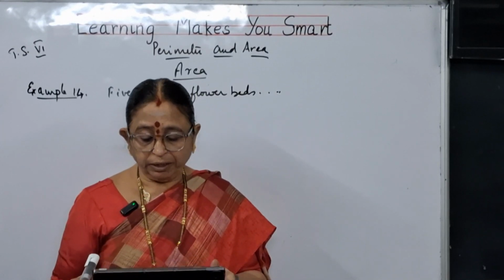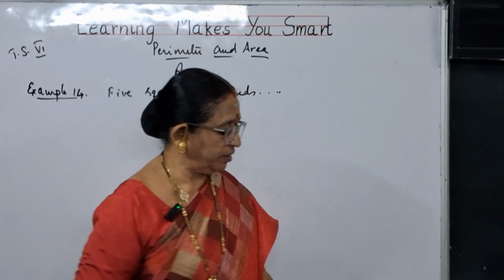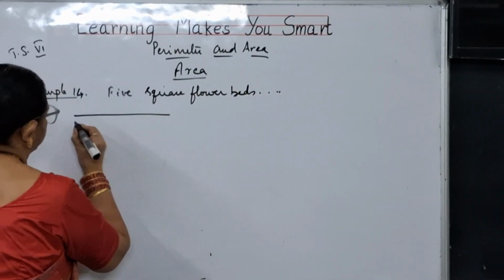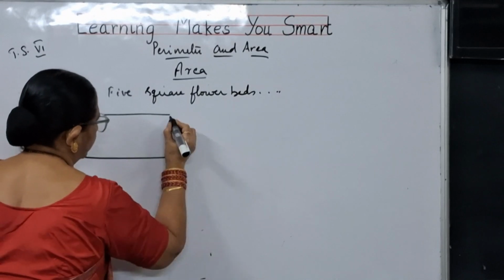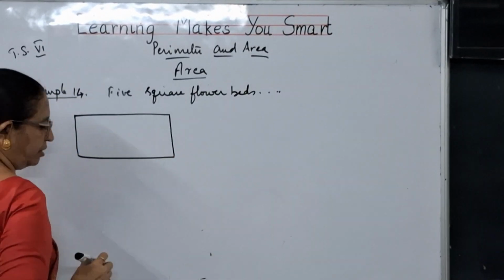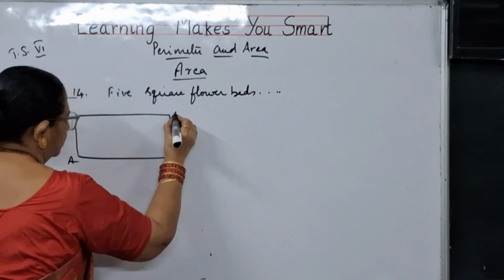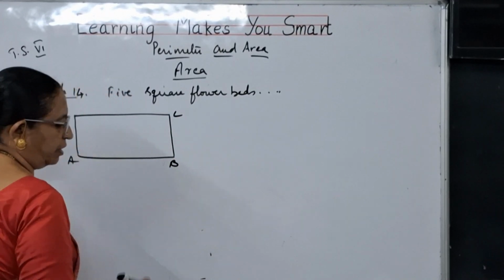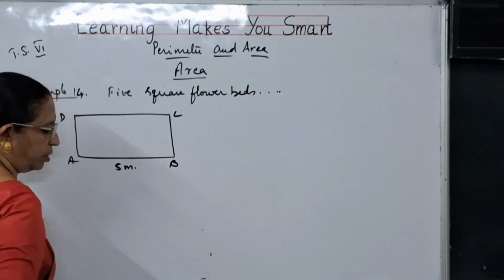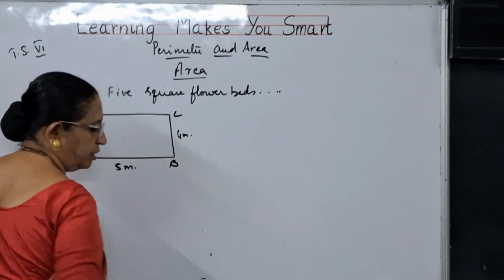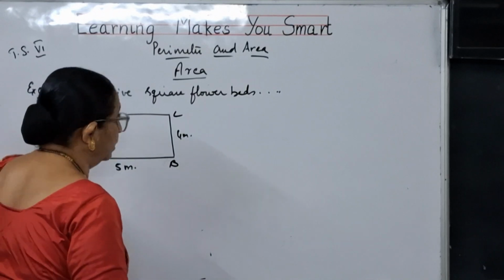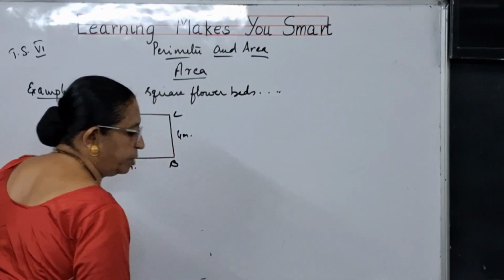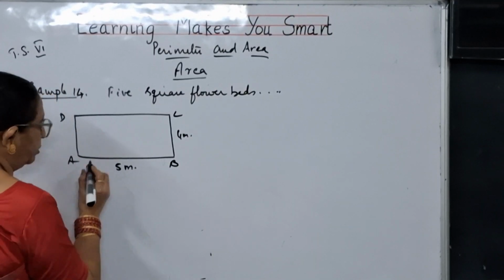Find the area of the remaining part of the land. What is this, children? There is a land. This is a rectangular land. In this, ABCD is the rectangular land, a piece of land which is 5 meters long and 4 meters wide.